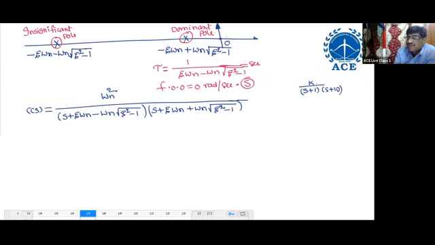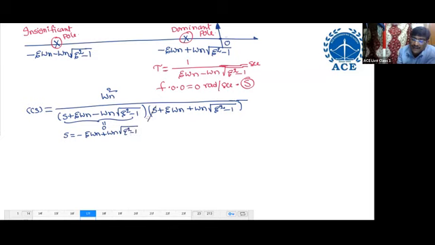Take this term, substitute in the second; take the second term, substitute in the first, and you will get the partial fractions. For example, make this term equal to 0. What is the s I will get? S equal to minus zeta omega n plus omega n root of zeta square minus 1.